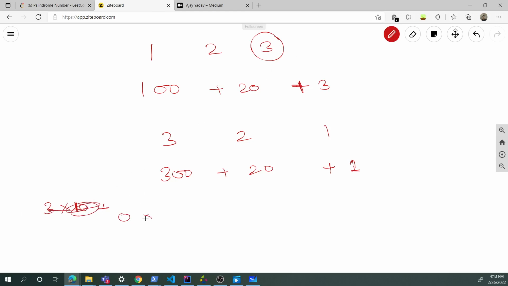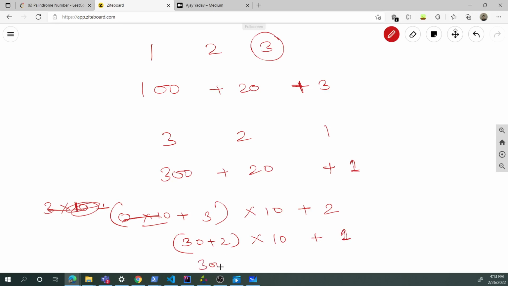Initially we had 0, multiplied by 10, and added 3. Next time we multiply this number by 10 and add 2, so the 3 becomes 30, plus 2 gives 32. Again I multiply by 10 and add the digit 1. If you take these three steps inside, it is 300 plus 20 plus 1. This is the same case. That's why we reverse the number this way.